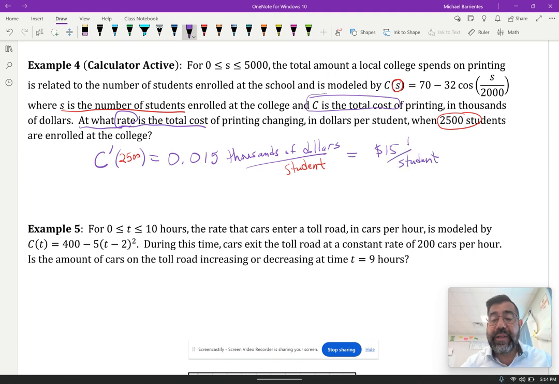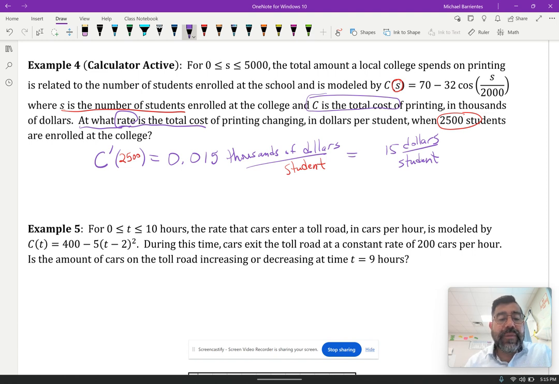Or if you want to write the word dollars at the end, you can write it there so that you don't have to put the symbol. So about $15 per student is the rate at which the cost of printing is changing when you have 2,500 students enrolled.